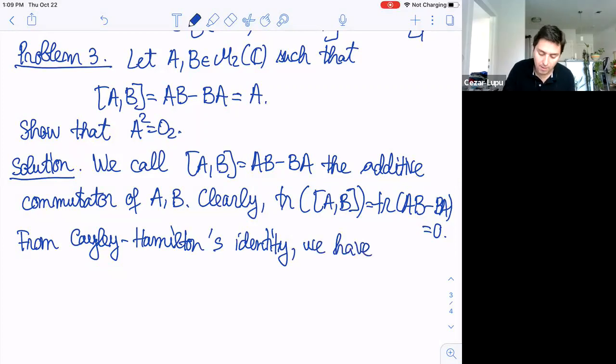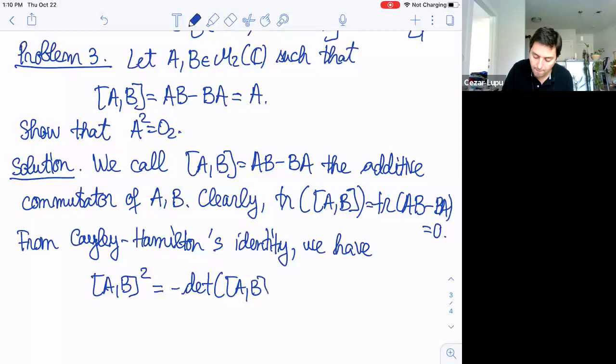So we have that the bracket AB squared will be equal to negative the determinant of bracket AB times the identity. So basically, if we prove that the determinant is 0, then we're done.